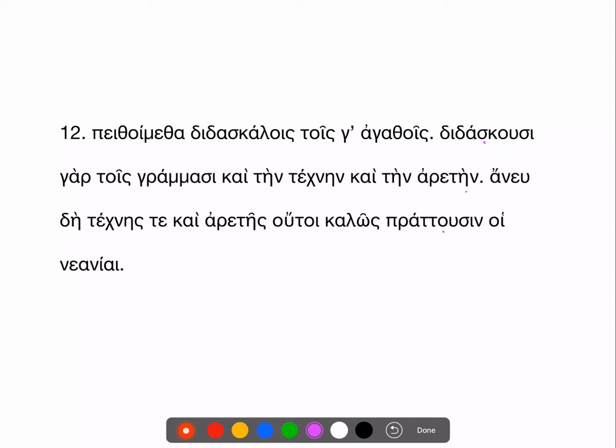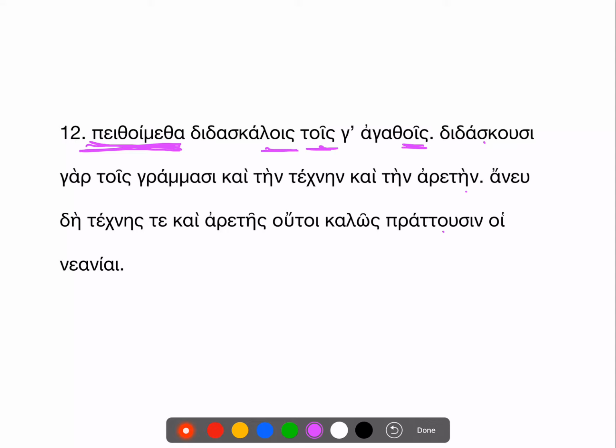All right, so let's start with this first short sentence, peithoimetha. All right, so peitho means to persuade, but in the middle, with a dative, it can mean obey. So I think that's what we've got going on here, because this is the first person plural, present middle optative of peitho. I think it's got to be an optative of wish, right?